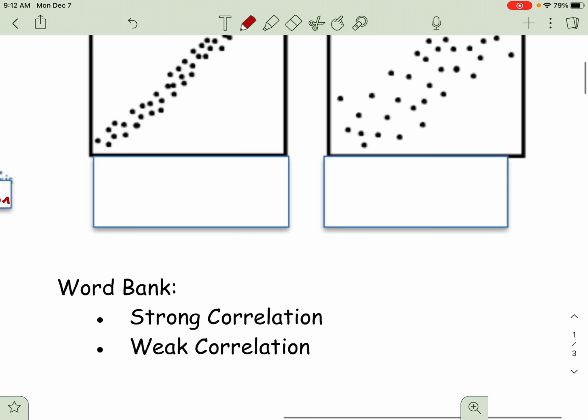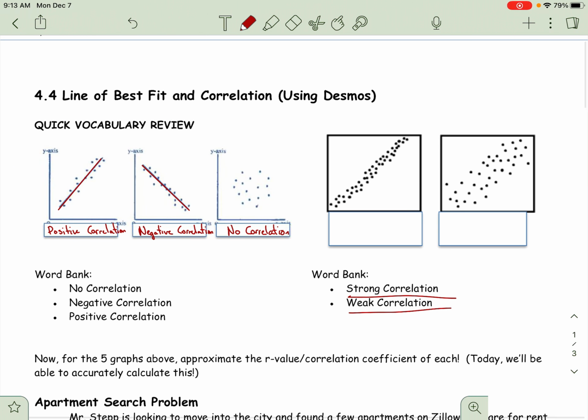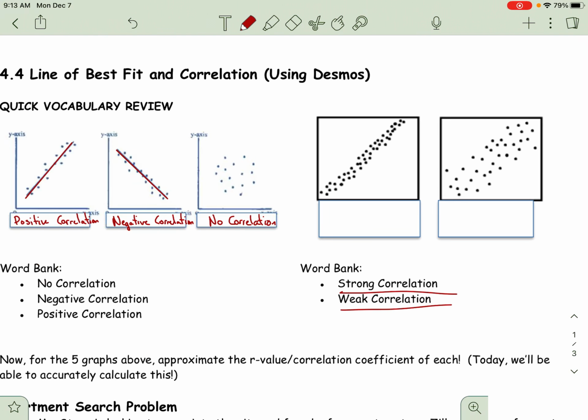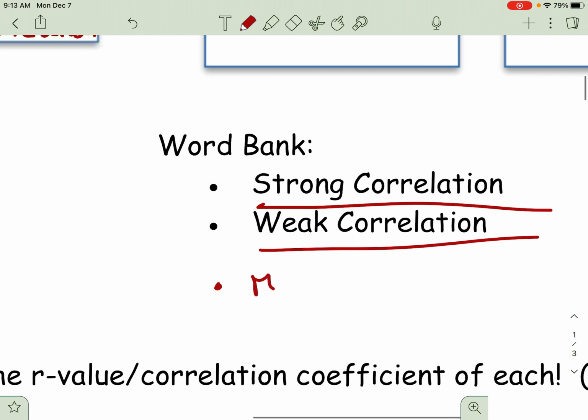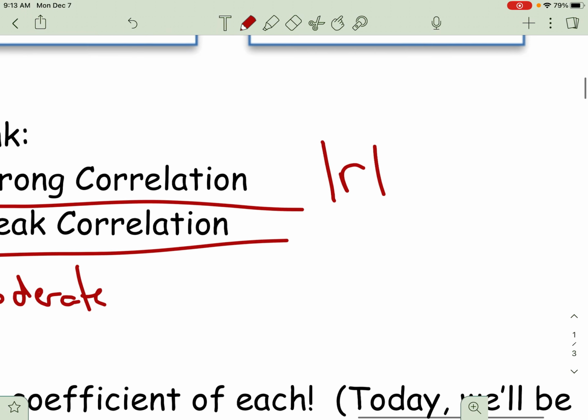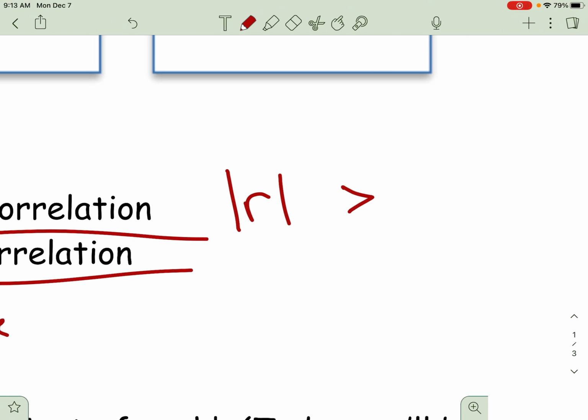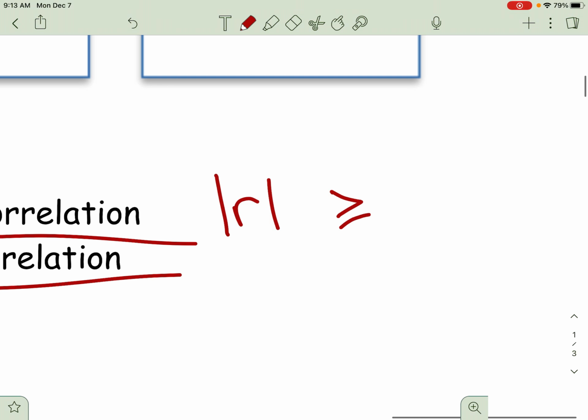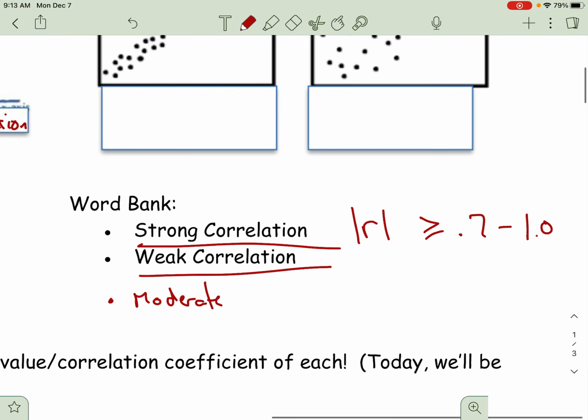The other way that you can talk about it is whether it's strong or weak. And there is also a new one, moderate. Strong is typically an R value, the absolute value of R, greater than or equal to 0.7 up to 1.0.